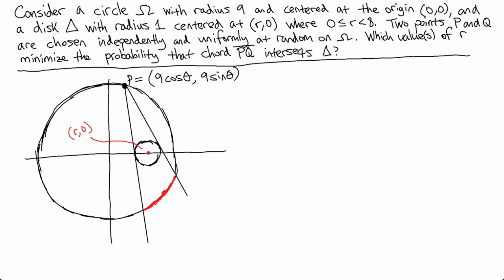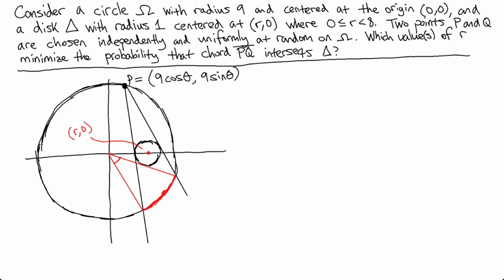So we would like to find the probability, if we pretend that we already know where the first point is, that the second point, Q, is going to be on that red arc. Finding the probability that this happens is easy. We can just draw the angle right here and measure it.